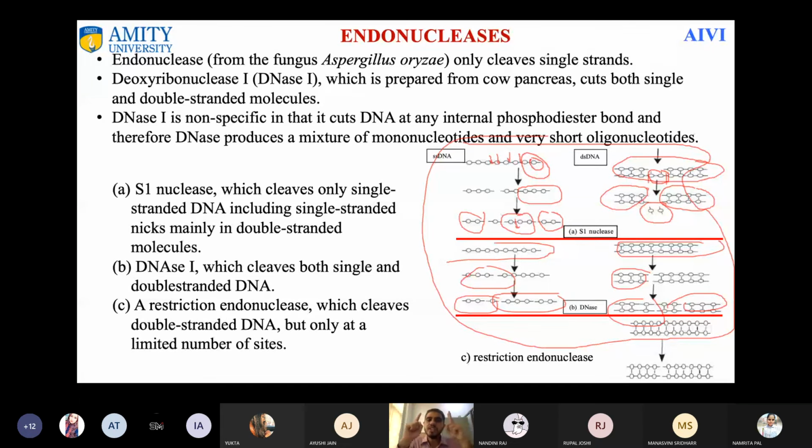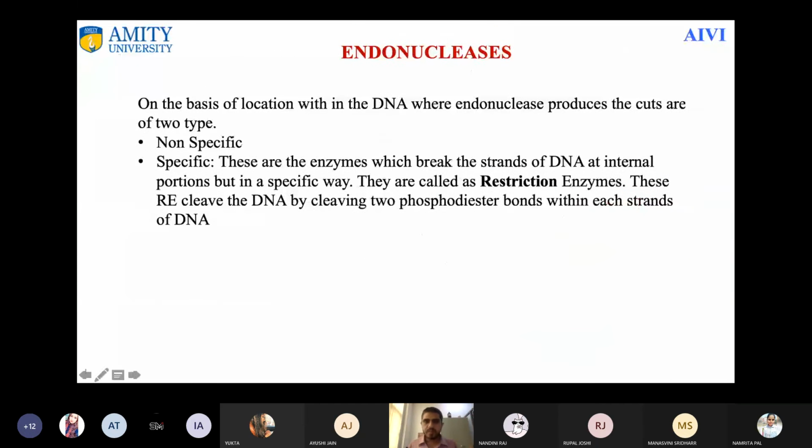Why do we use the term restriction here? Because you are restricting your endonuclease to produce a cut only at a restricted location. If the restricted location is there, then only will they cut. If it is not there, they won't produce any type of cut.